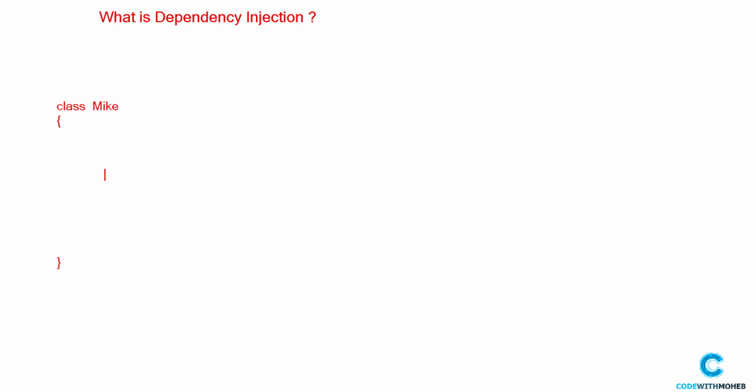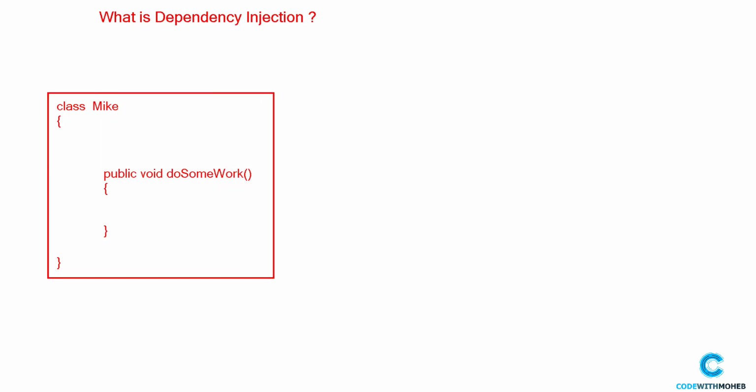Inside class Mike, I have a method, for example public void doSomeWork, with some code. And I have another class, for example class Tom, which again has a method, for example public void doSomeWork. There's no issue about naming; it's just a method name.